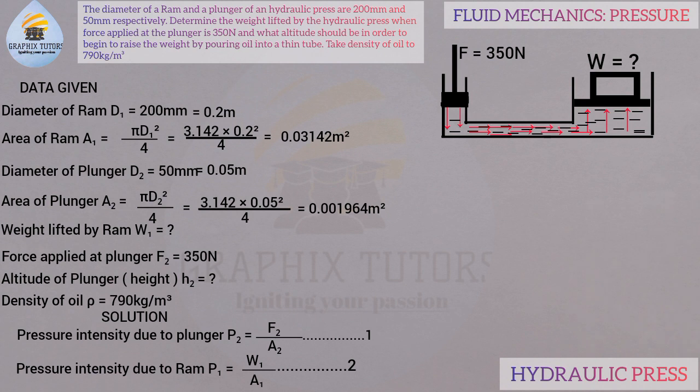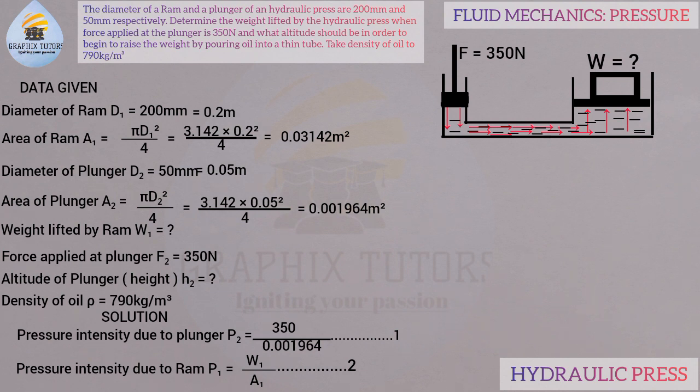We're looking for that. We know the force F2, right? Which is the force at the plunger, and we know it is 350 Newton. Then let me just input it there. Now the area A2, we know it also, which is given as what? The A2 here is given as 0.00196 meter square.